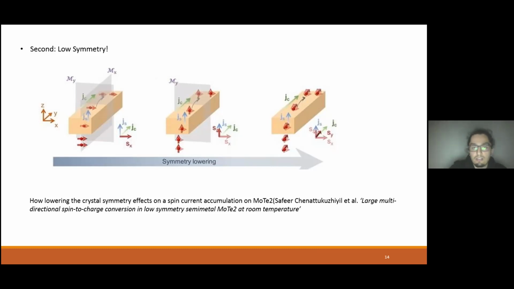And as you can see at the red dots near the schemes, at first, we can have the spins only in Sx, and only in the x direction. But when we get rid of the Mx symmetry, we can have Sx and Sy. And when we drop the last symmetry, we will have 3-dimensional spin.